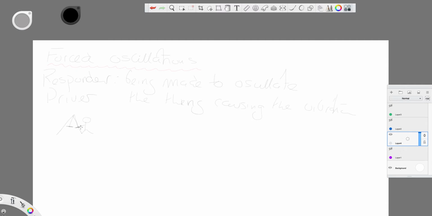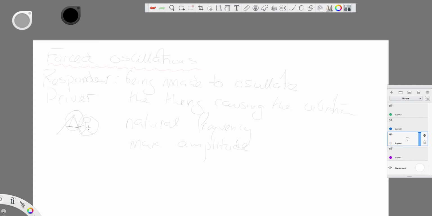So here we are driving our responder at the natural frequency of the responder, and we get a maximum amplitude. We get a maximum amount of energy in our oscillating system.